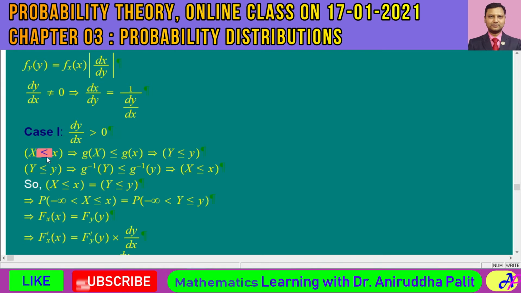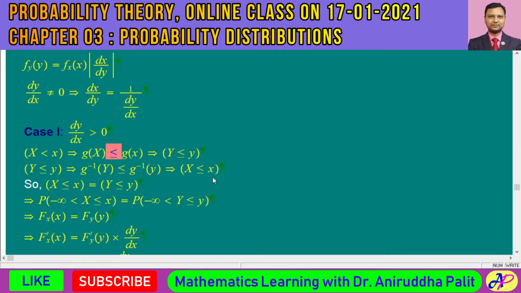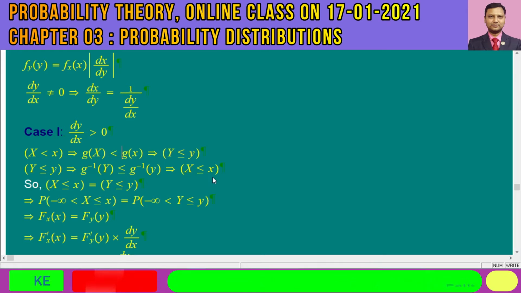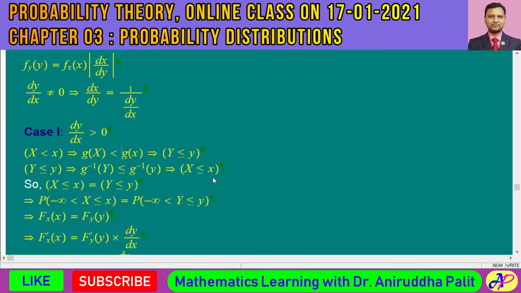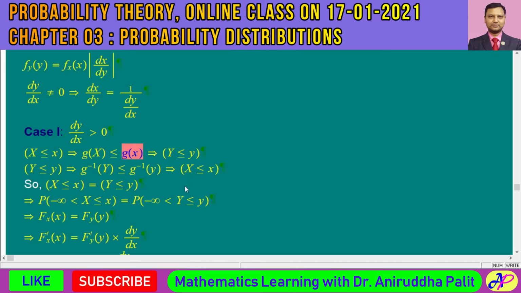If we have strict inequality over here, then we should also get strict inequality over here as well. Anyway, over here we need this less than or equal to symbol.